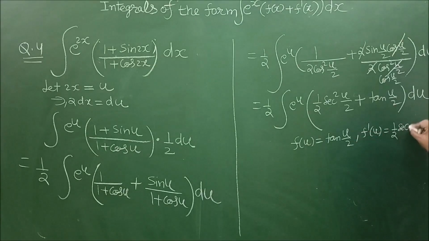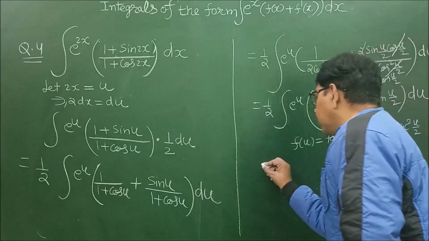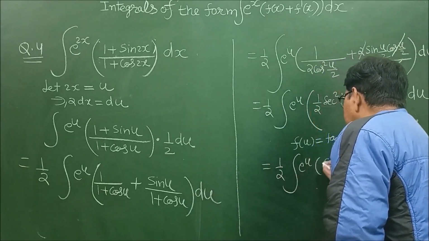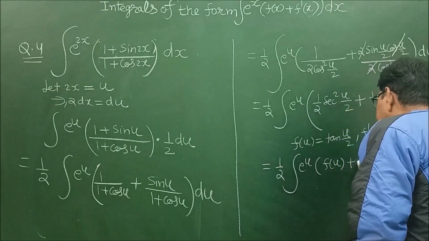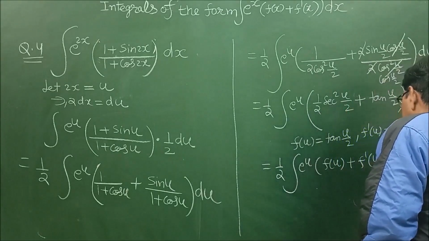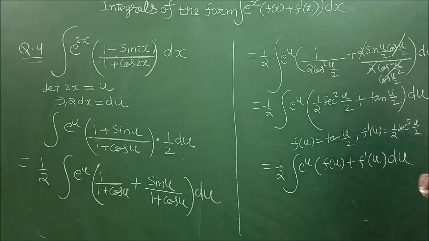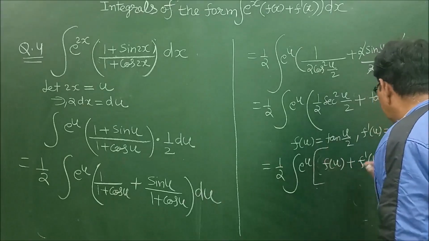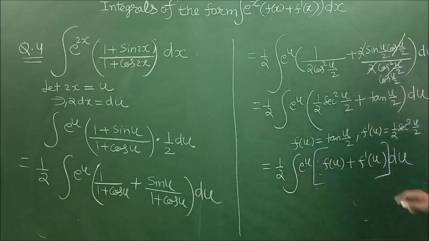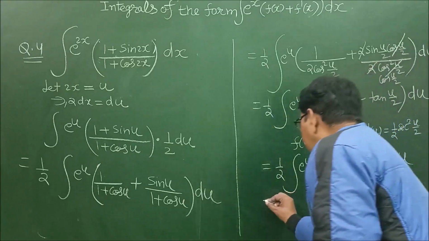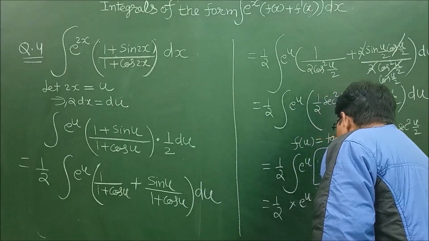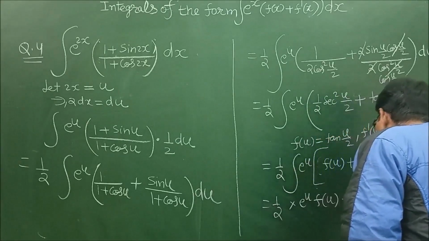So this integral now reduces to the form half of integral of e raised to the power u [function of u and its derivative] du. And as we know, this integral is equal to e raised to the power u f(u), so half is outside and this integral is e raised to the power u f(u) and plus a constant c.